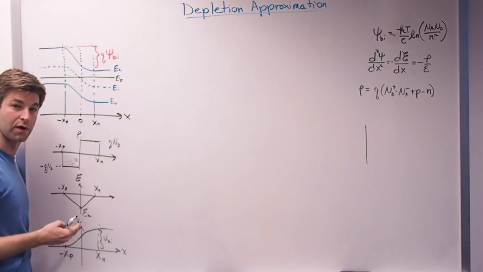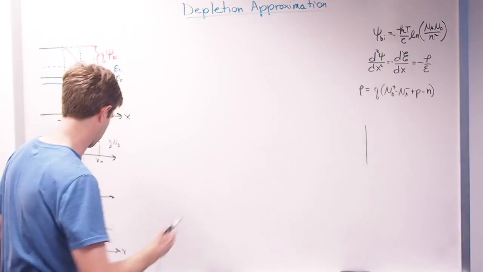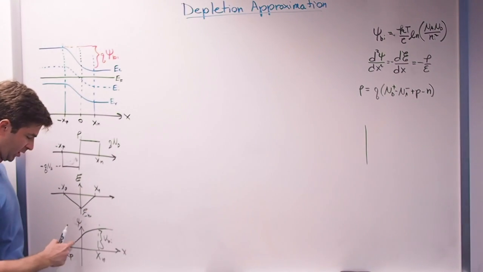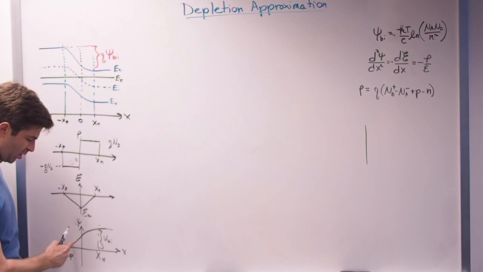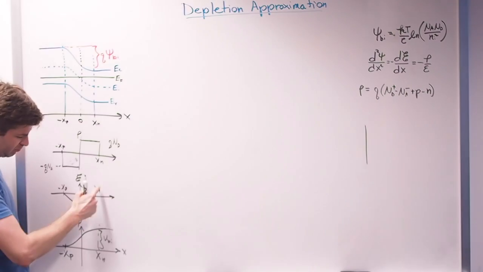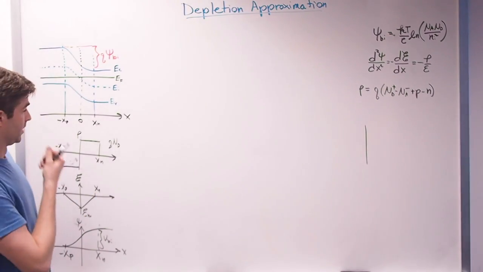And furthermore, for potential, we use the Poisson Equation again. We know the negative integral of this gives a parabolic line here and then a negative parabolic line right here. Negative slope, positive slope, just like that.